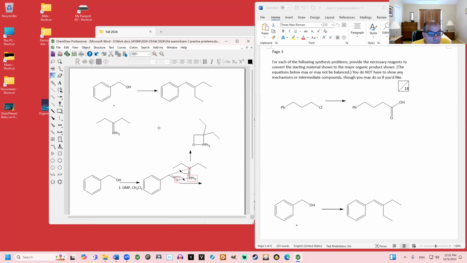Again, the way the question's phrased, students did not have to show this, but you certainly can if you want to. So you get that oxyphosphetane, and then that four-membered ring breaks apart.